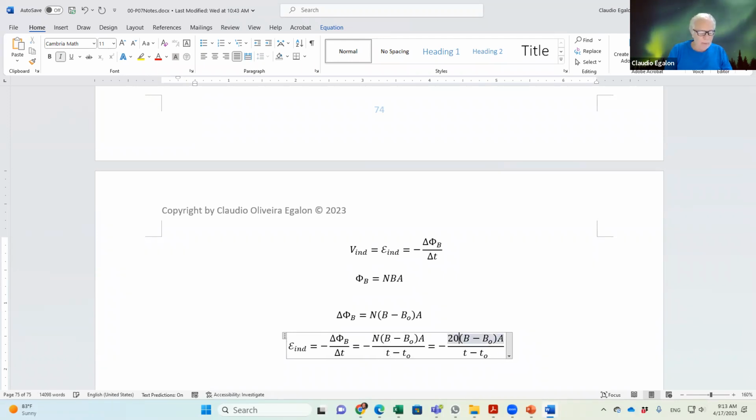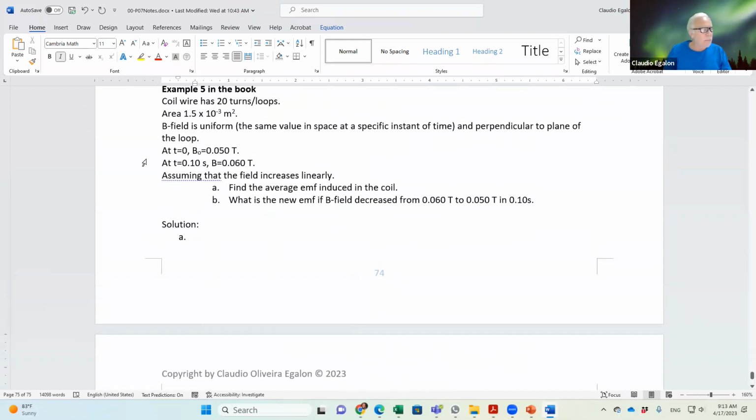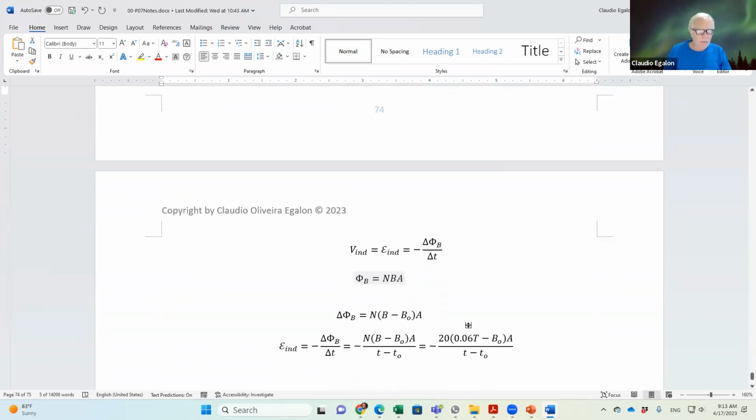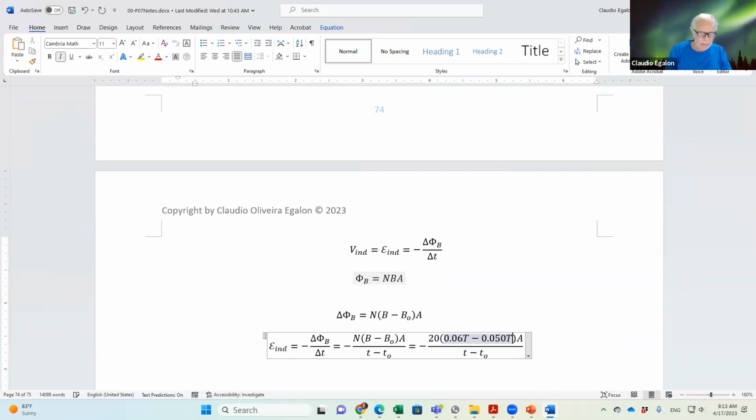Okay, it's 20. We have the negative value there that comes from the Lenz's law. The difference in magnetic field is going to be 0.060 Tesla. Right, let's take a look here. Yep, final. That's the final field, minus 0.050 Tesla.